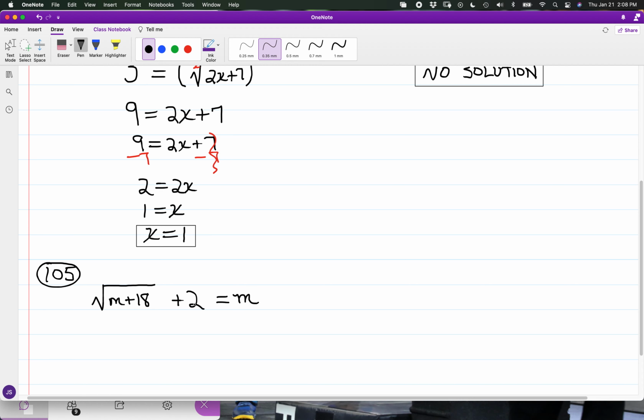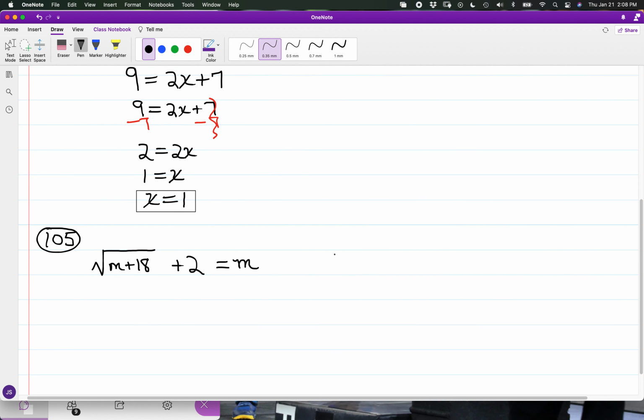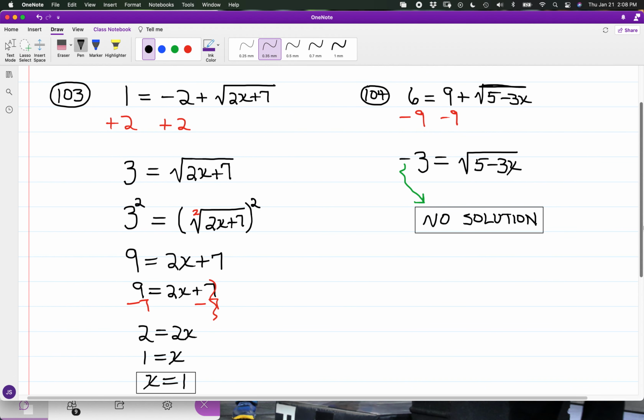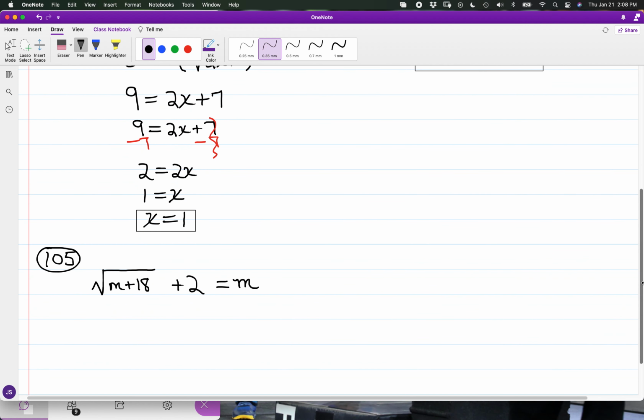So m appears twice. We have one radical expression with the square root of m plus 18. Like what I did with the square root of 2x plus 7 and the square root of 5 minus 3x, I'm going to isolate the square root of m plus 18, that is, get the radical by itself. In this case, I'm going to take away 2 from both sides.